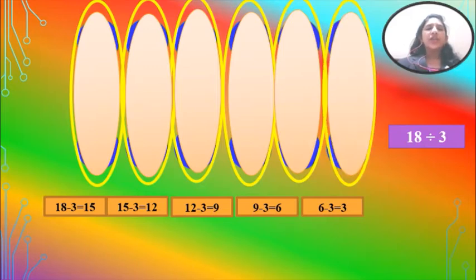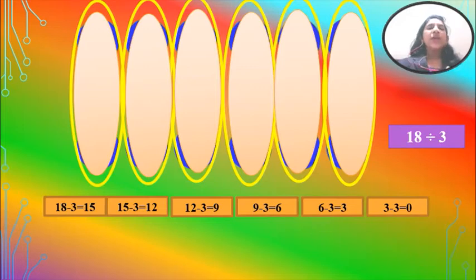And if I give this group of 3 circles to another student, then I will be left with 0. So you see children, I have subtracted 3 repeatedly.